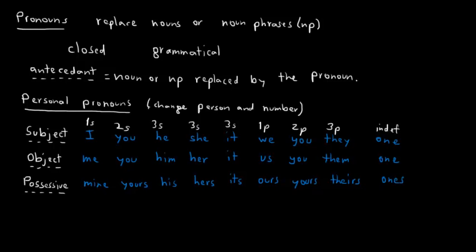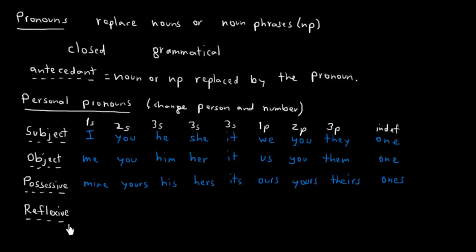Okay, and then finally we have the reflexive. And the reflexive pronouns are object pronouns. They're used as the object of a verb or the object of a preposition, but they indicate that the object and the subject are the same.